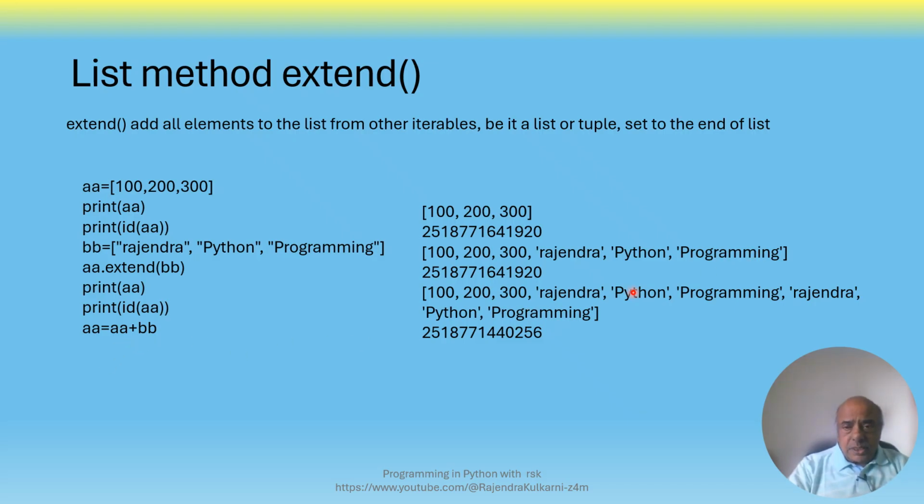A plus B adds these three items to the earlier A, and when we take the ID, we find there is a new object created having ID 0256. In case of extend, the object remains the same. In case of concatenation, a new list is created, a new object, to which A is now referring.